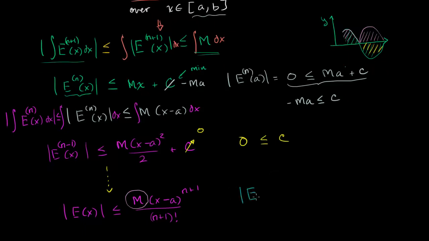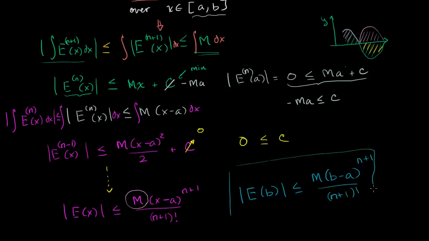We can say the error function at b is going to be less than or equal to m times b minus a to the n plus 1th power over n plus 1 factorial. So that gets us a really powerful result, kind of the math behind it. Now we can show some examples where this could actually be applied.